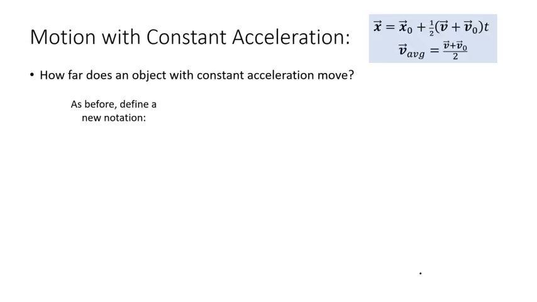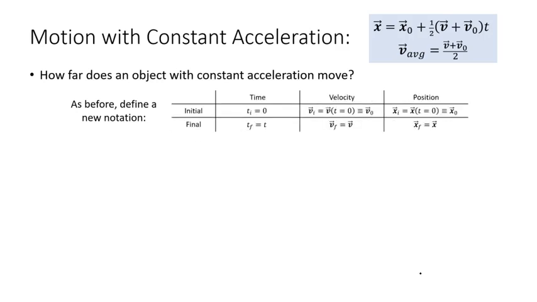Okay, and so now let's move on to the next two equations of motion in our list. We want to answer the question, how far does an object with constant acceleration move? That's not something we can answer with the previous equation. So again, we're going to define our new notation.